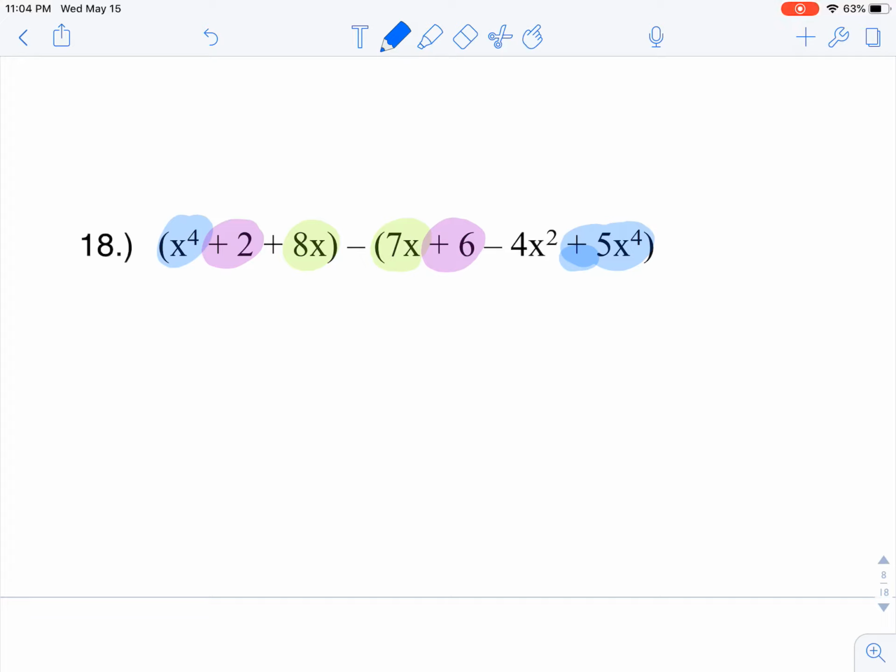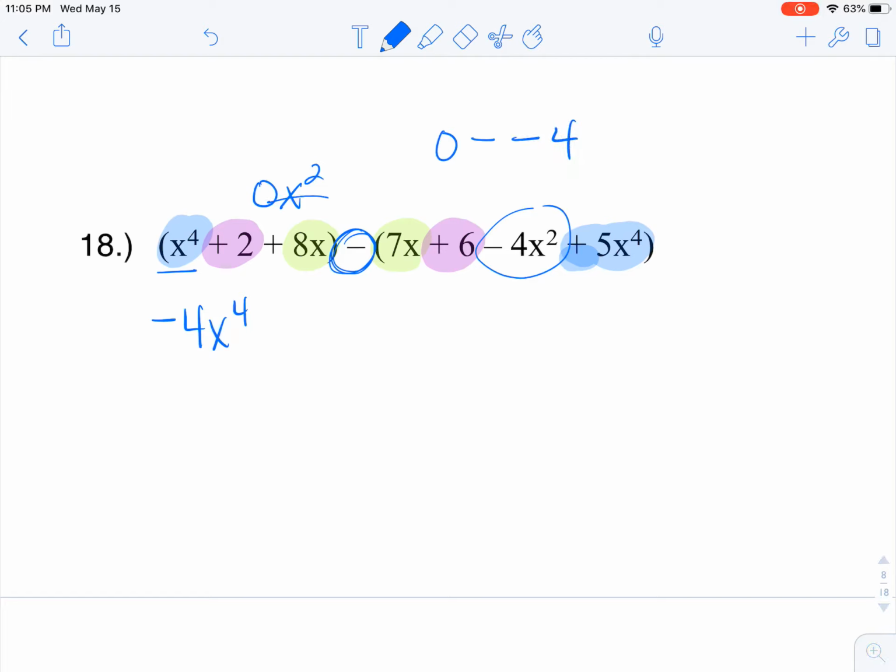So first, let's start here. We've got 1x to the fourth minus 5. So 1 minus 5 is going to give us negative 4x to the fourth. Now, this one has an x squared, but this side doesn't. So we imagine this as 0x squared. So we're looking at 0 minus negative 4.